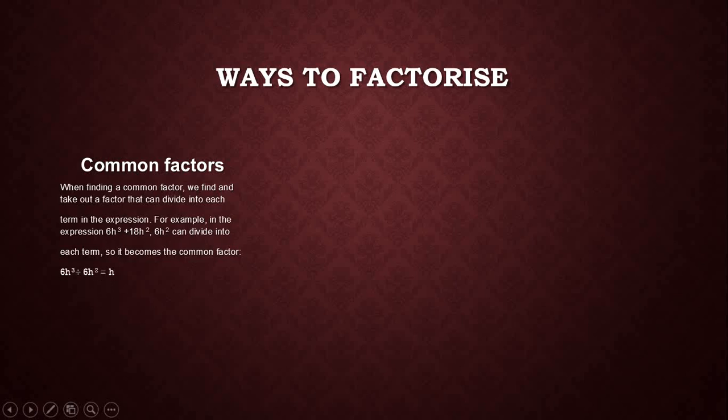This is how we find out. For example, this is exactly what I was saying, but I'm going to take it in a way that you will understand. First off, if you have 6h cubed divided by 6h squared, the answer you will get will be h. How do I know? 6 and 6 will divide into 1.